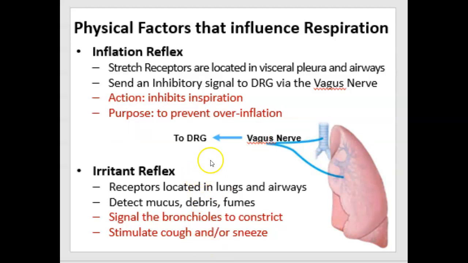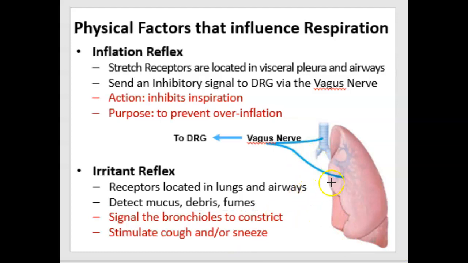Now, there's also an irritant reflex that's very similar. There are receptors again in the airway and in the alveoli, as well as the pleura, that can detect mucus, debris, noxious fumes, which I guess would actually be sort of a chemical.